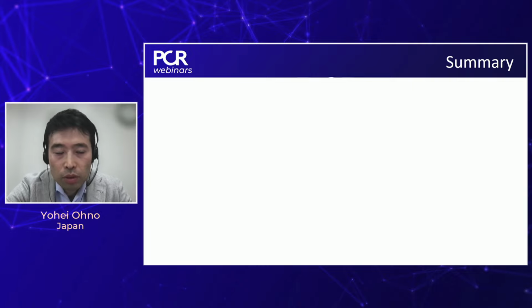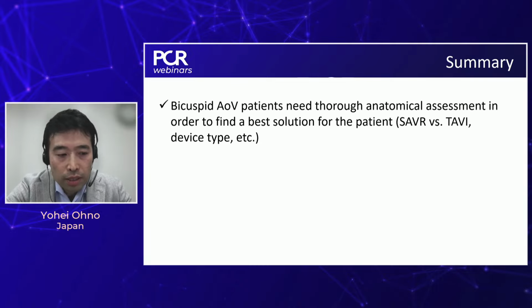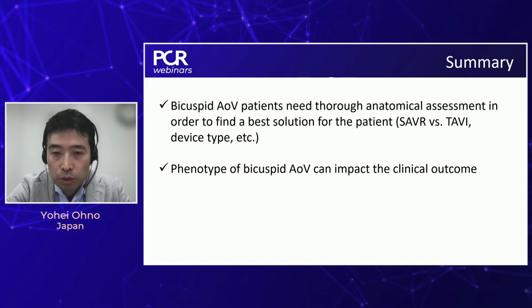So I would like to conclude my talk, ladies and gentlemen, dear colleagues and friends. Bicuspid aortic valve patients need thorough anatomical assessment to find the best solution for each patient, whether the treatment option should be TAVR or surgery, and if TAVI is feasible, which type of device is optimal for the patient.